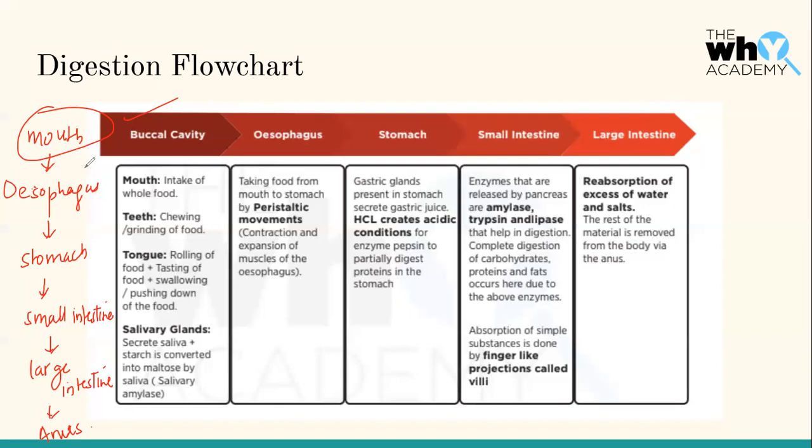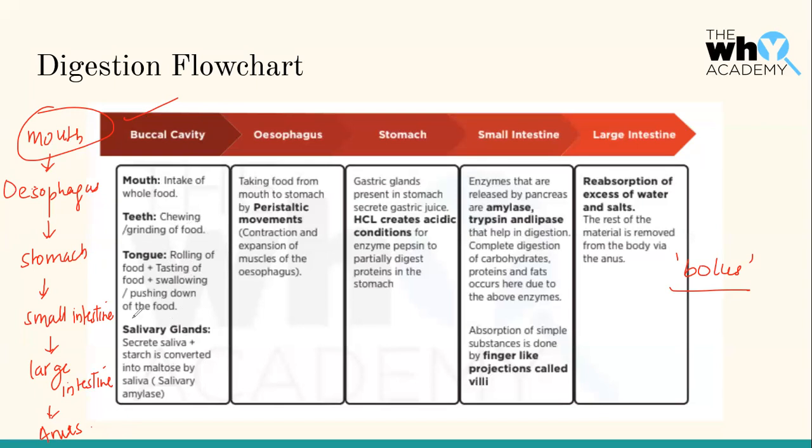Okay, so the digestion begins at your mouth where you take in the food, right? Then the teeth will help you in chewing, grinding the food, and your tongue aids in making it into the form of something which is called the bolus, right? I think you would have heard these words before. I don't think these words would be new. So your teeth will grind the food and then saliva is mixed with it.